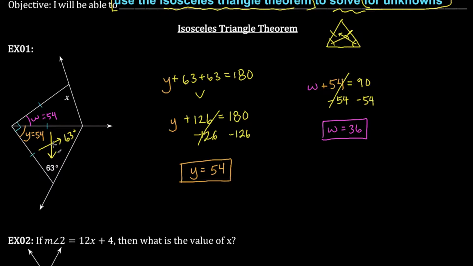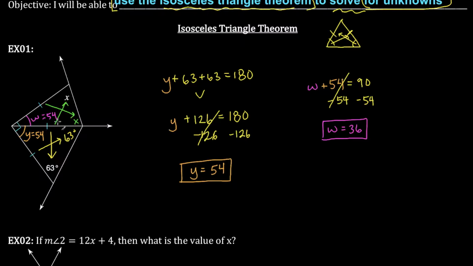Cool. So this is 54 degrees. If I use a different color, this x is across from this side, right? So that should be the same right here. This should also be x.